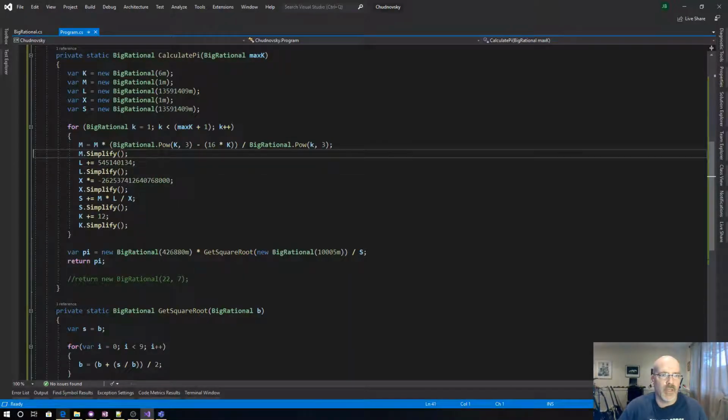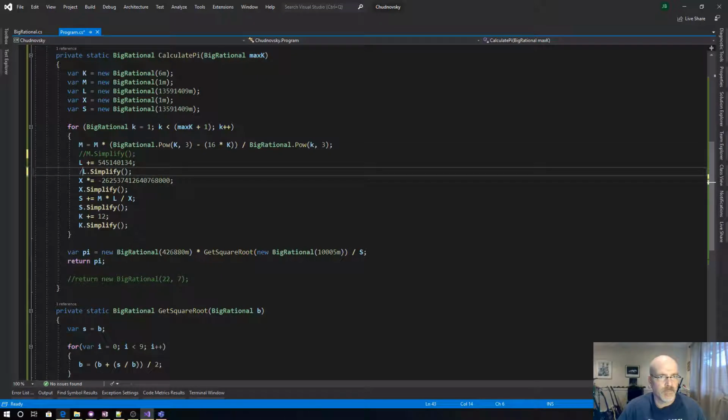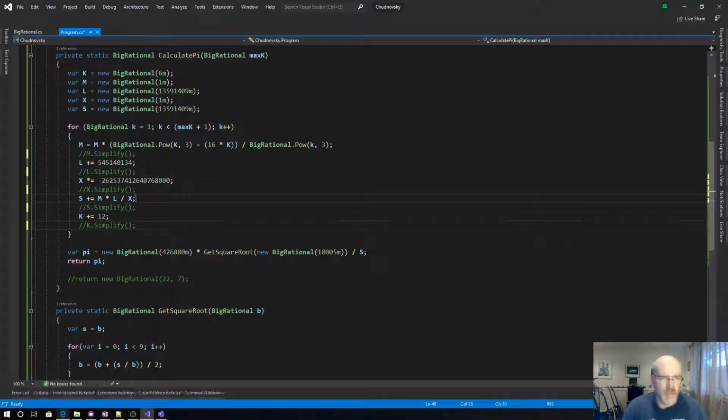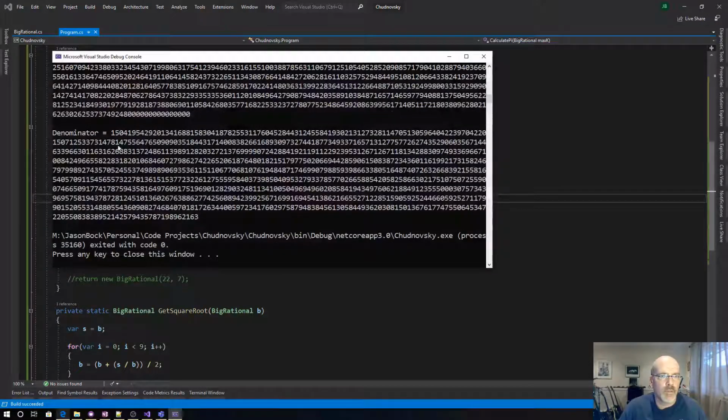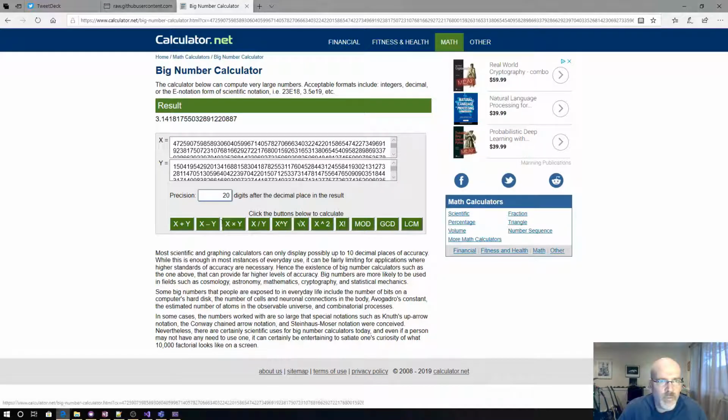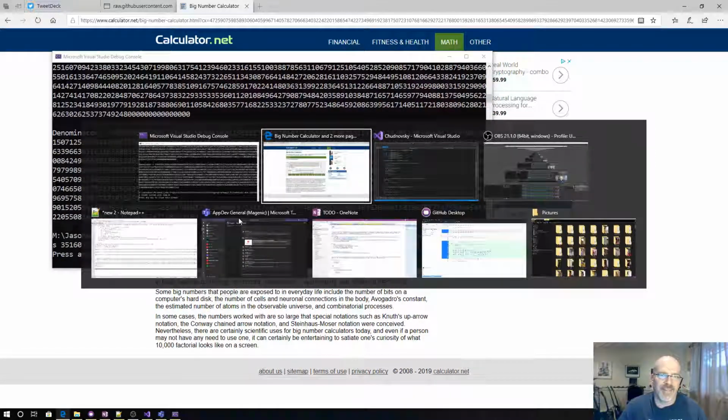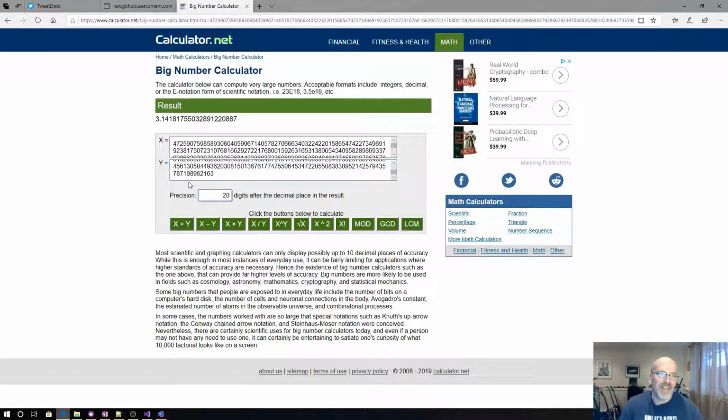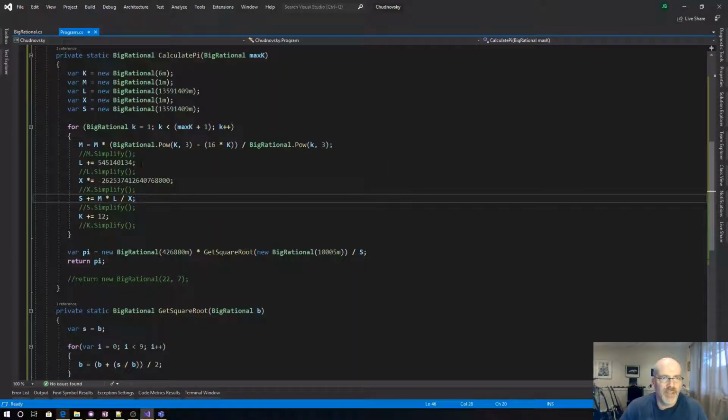If I take these out and run it, I think that's the same one. So did it help at all? Nope, it didn't. I was hoping it would, but it doesn't seem to really help that much.